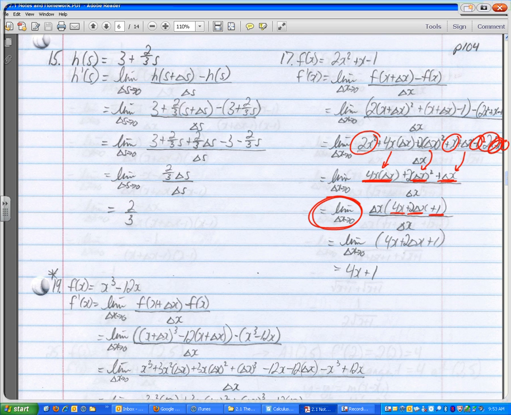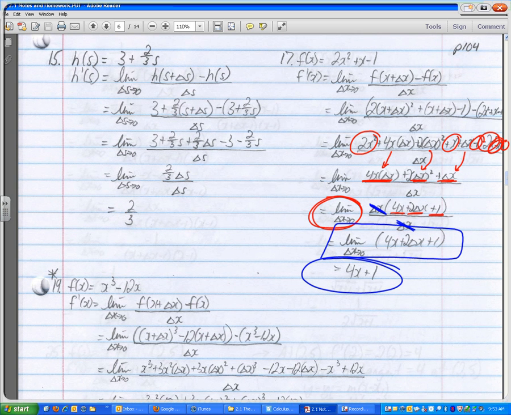And now, the delta x I factored divides out with the delta x in the denominator. Got the limit as delta x approaches 0 of 4x plus 2 delta x plus 1. Substitute. Replace delta x with 0. So 4x plus 0 plus 1 is 4x plus 1.